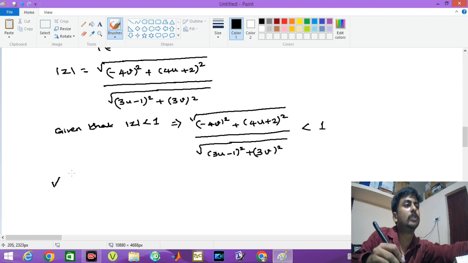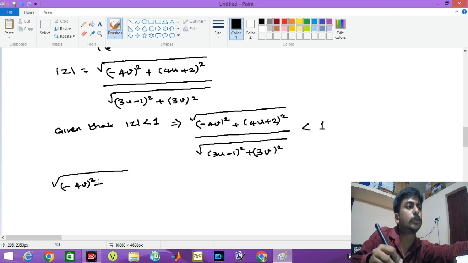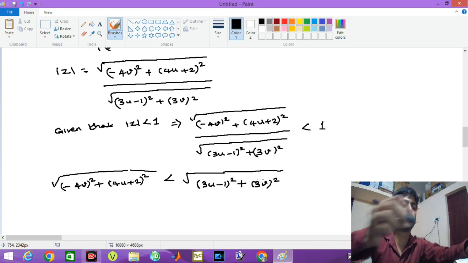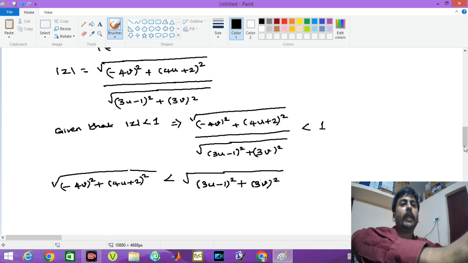So we get square root of minus 4v the whole square plus 4u plus 2 the whole square is less than square root of 3u minus 1 the whole square plus 3v the whole square. Okay, now squaring on both sides.